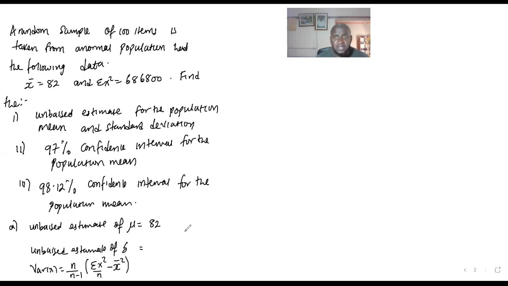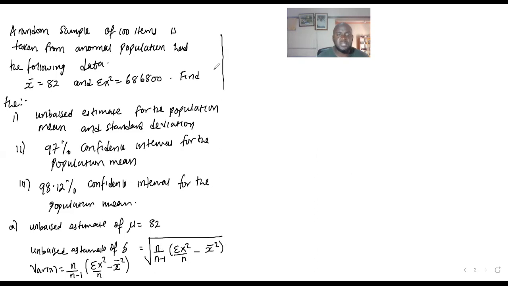You can even check the logbook. So sigma is the square root of the variance.